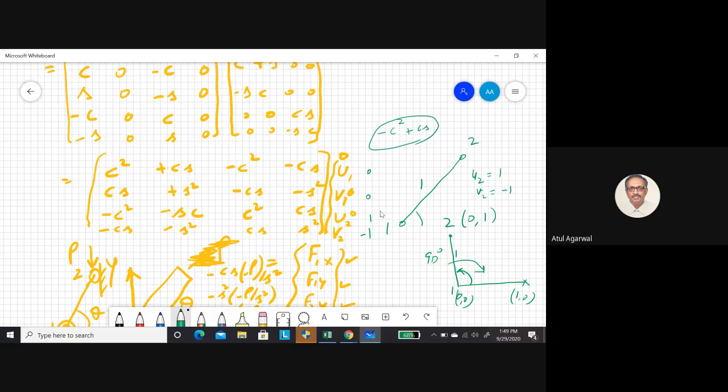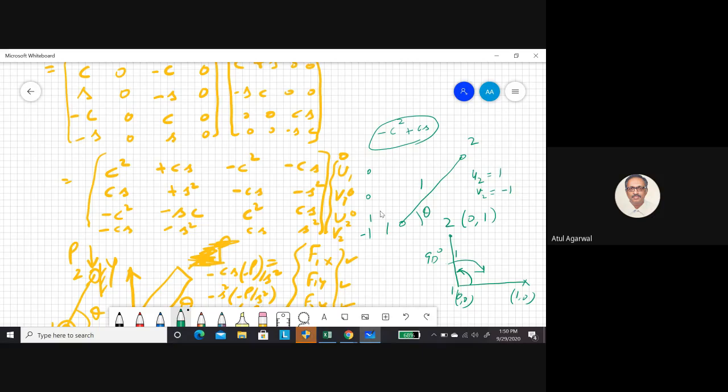Now the problem with this is, here you have to put the value of cos theta and sin theta. Here what is the value of cos theta? Your theta is 90 degrees. So anyway cos theta is 0. So this is not giving you anything useful. So we have to work with only angle theta.